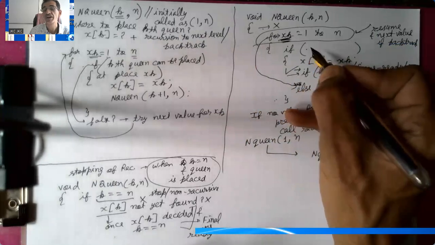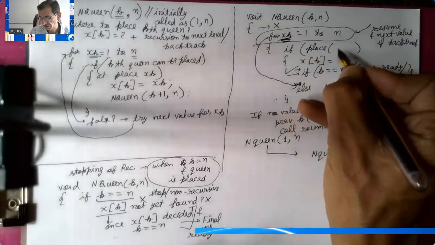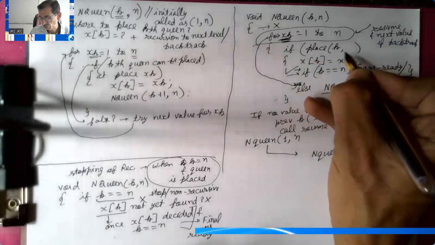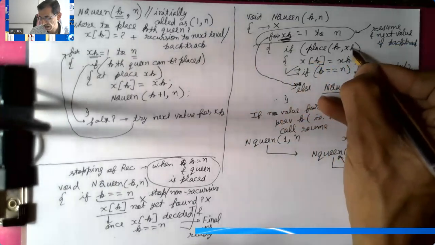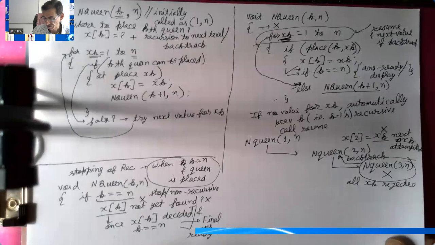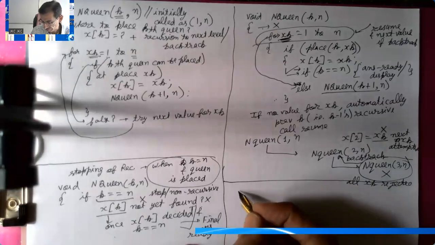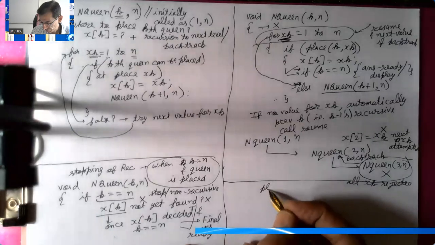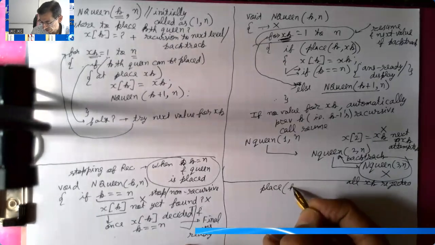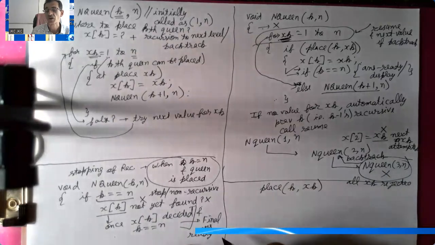So here the bounding function will be used. Let's name that function place. So I want my k to be placed at position xk. So I want to write another function, place, to check whether the kth queen can be placed at position xk or not.